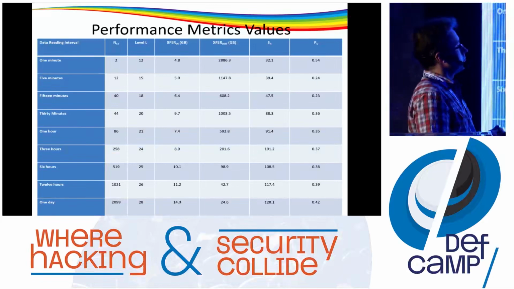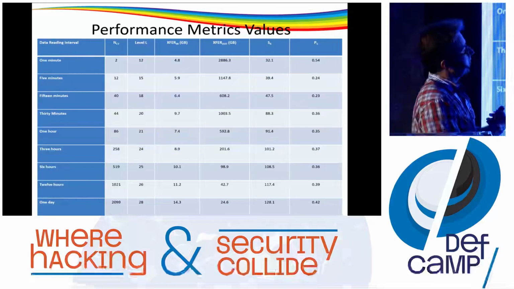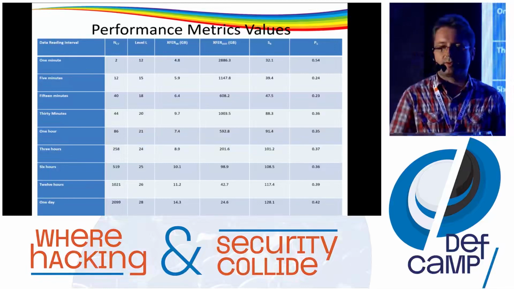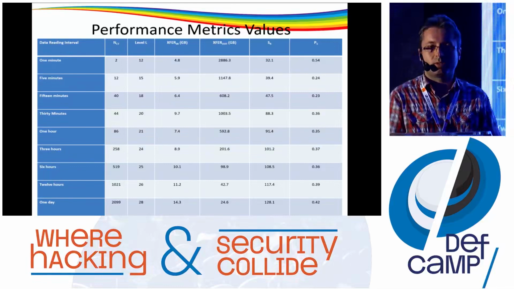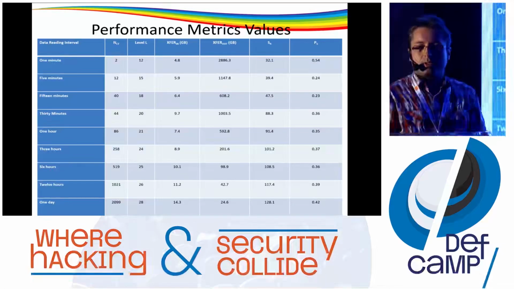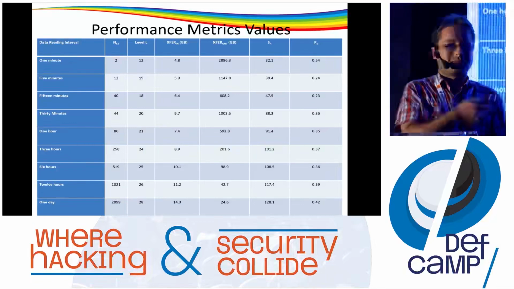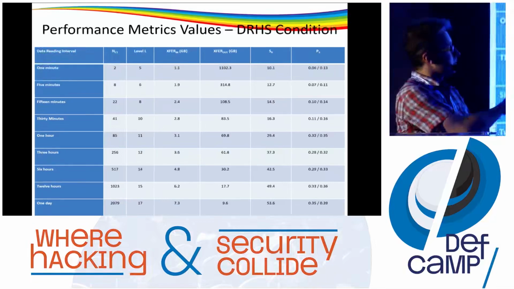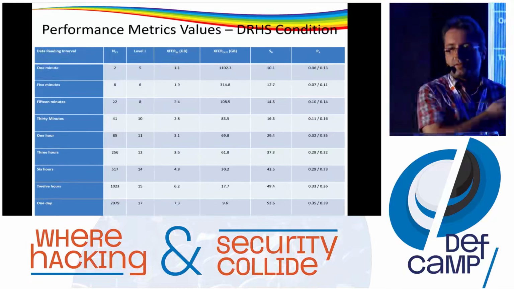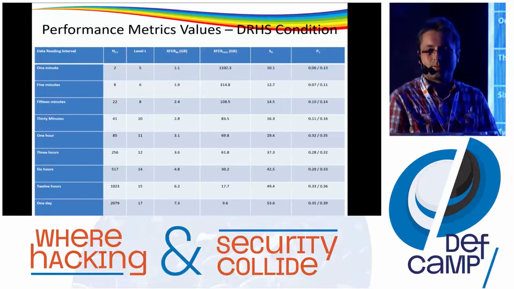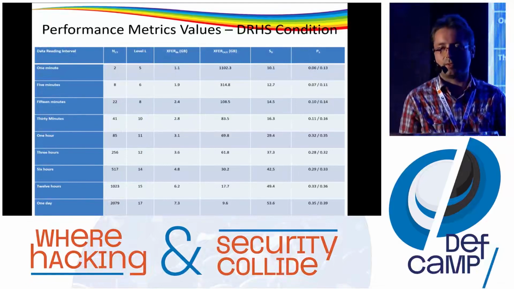And then you can see that all the other parameters scale well with the frequency of the data collection interval. And these are the values for the delayed repolarization of the heart syndrome, which also prove that the approach is feasible in practice.